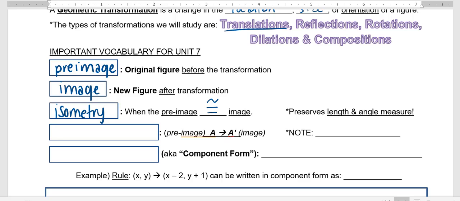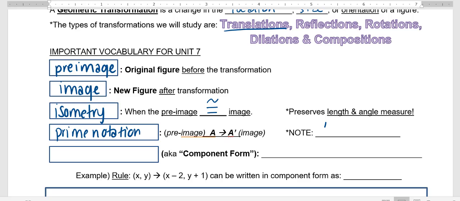We also will deal with something called prime notation, which means on our pre-image, we have just that uppercase letter. And then on our image, we'll have that uppercase letter, but then we'll have this prime on it, right? That prime, that new and improved vertice.